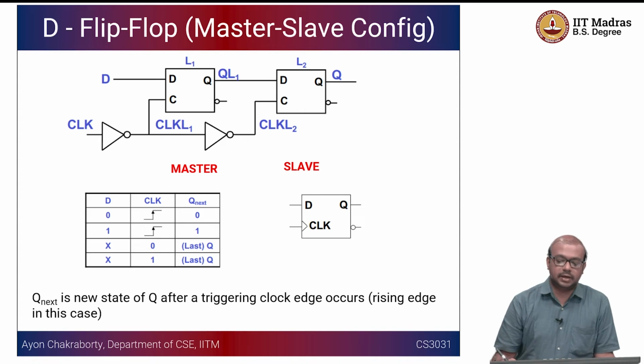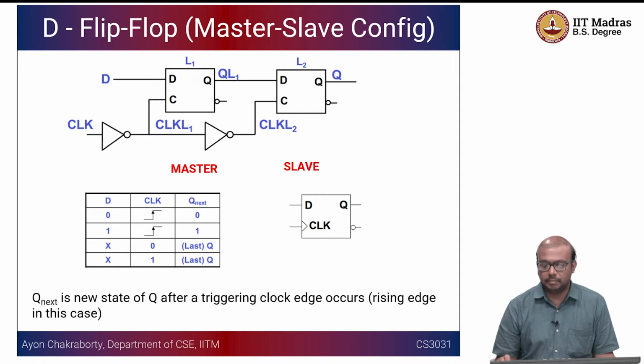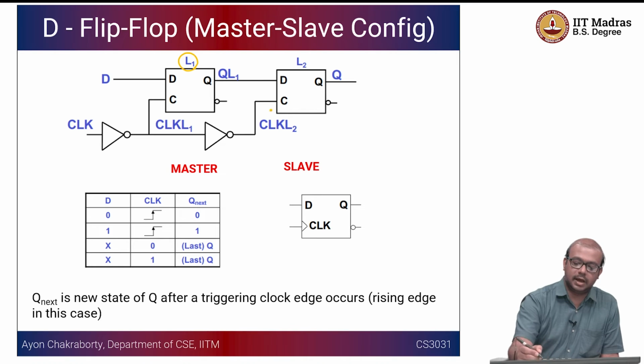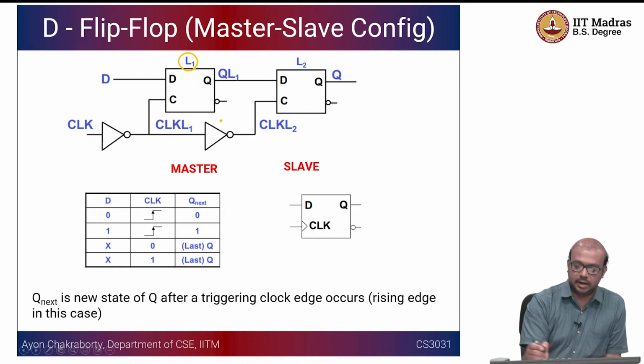Okay. So as you can see, the trick is to use a negative clock, right? The clock that is going to one of the D latches and the clock that is going to the second D latch are inverted in polarity, right? So if it is high for L1, L1 is the latch number 1, it is going to be low for L2, right? So if you see the clock, let's say this is the clock, this clock is going to be exactly opposite.